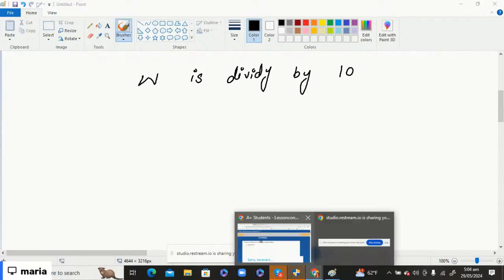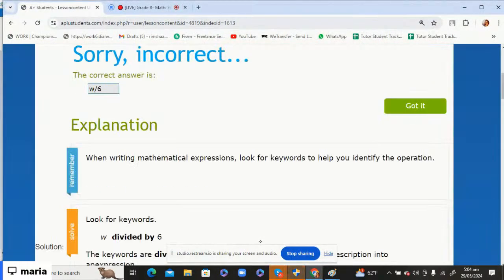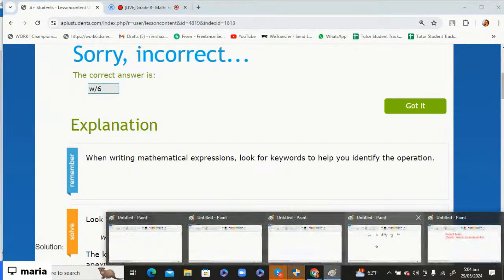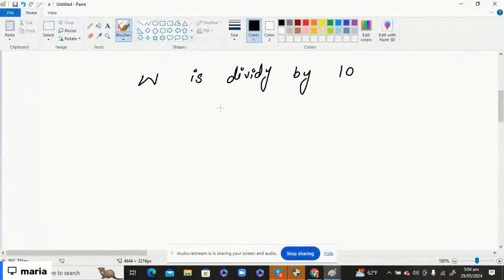How can we write it? W, in the numerator, is divided by 10, like this. So this is the answer for W is divided by 10.